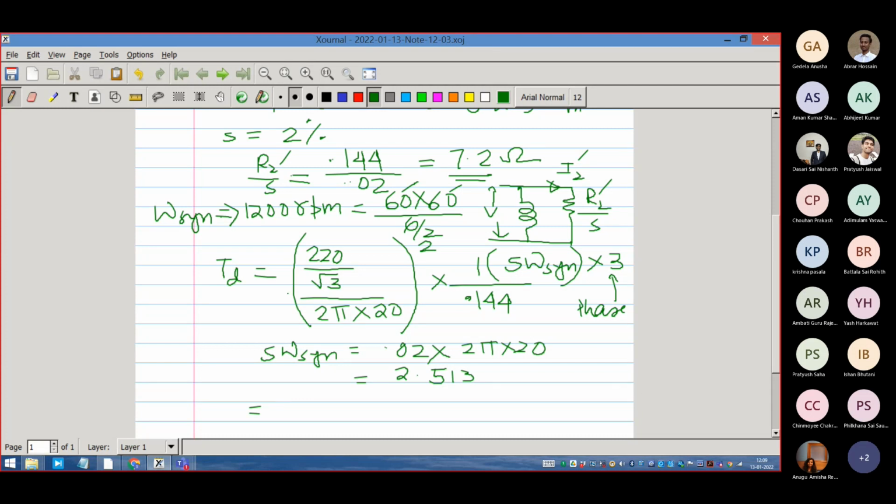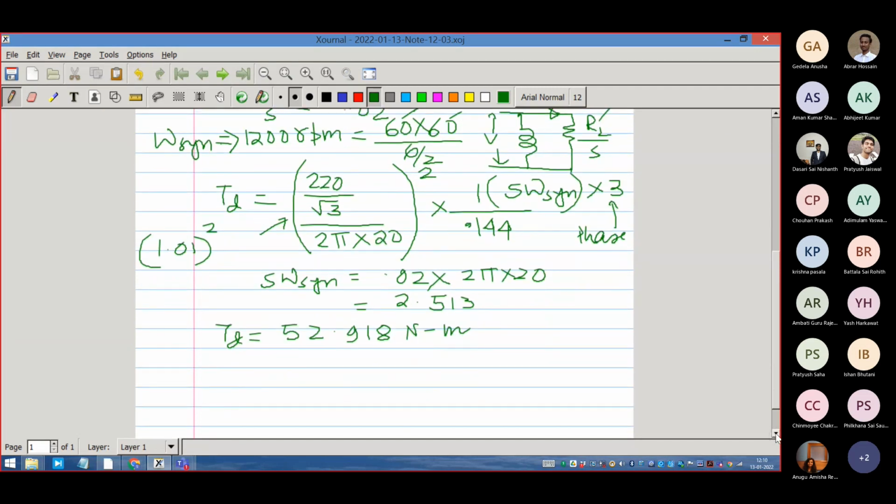I am showing the numbers separately. 1.01 is this number, squared, into S omega sin, which is 2.513, divided by 0.144, into 3. So it is coming out to be 52.918 Newton meter, the torque TD.